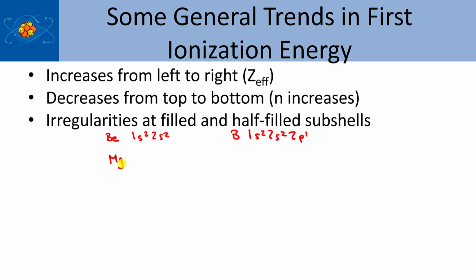And I'm just going to do the outermost electrons now. It's 3s2, and then aluminum is 3s2, and then 3p1. And you'll notice there's an energy cost associated with putting electrons in the 3p or the 2p orbitals relative to the 2s.